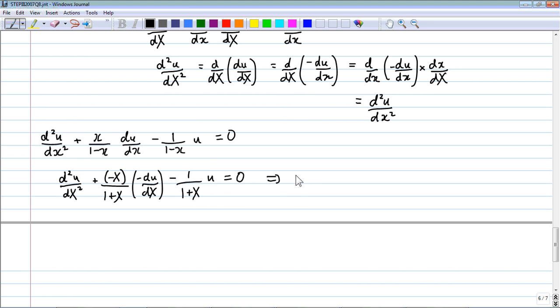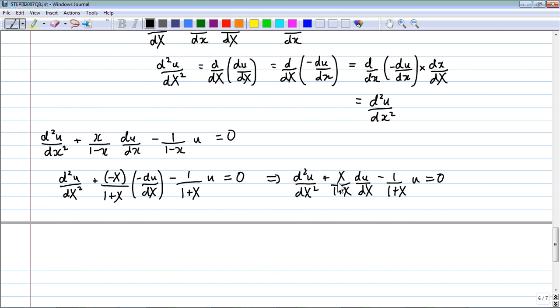Just rewriting the signs gives me d2u by dx squared plus x over 1 plus x du by dx minus 1 over 1 plus x u equals 0.